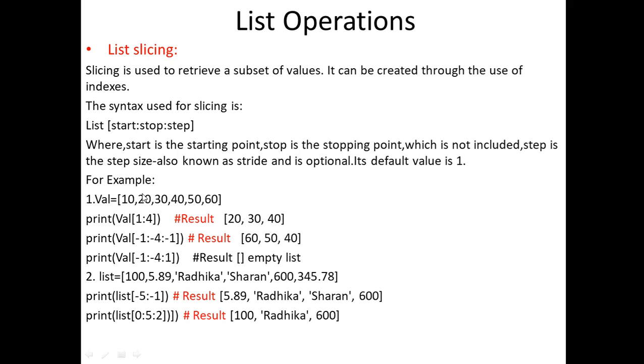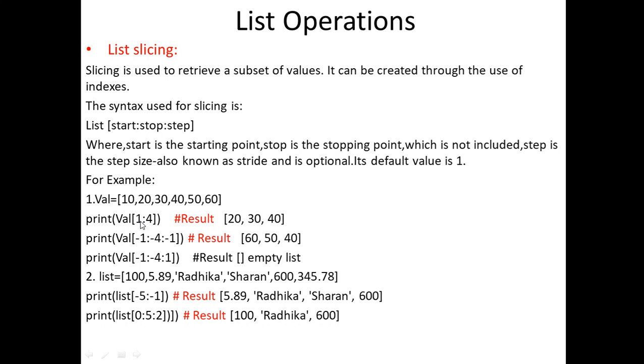As you can see through the example, 10, 20, 30, 40, 50, 60, and print val[1:4]. 1:4 means starting with index number 1. So the list elements will be extracted from index 1 till 4 minus 1, which is 3. So from 1 to 3, all the elements of the list val will be extracted.